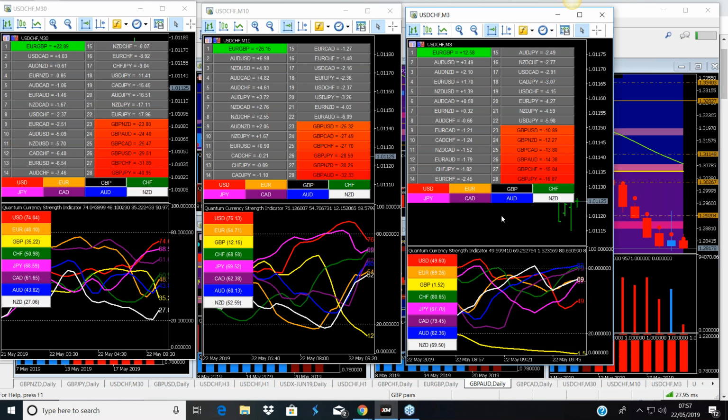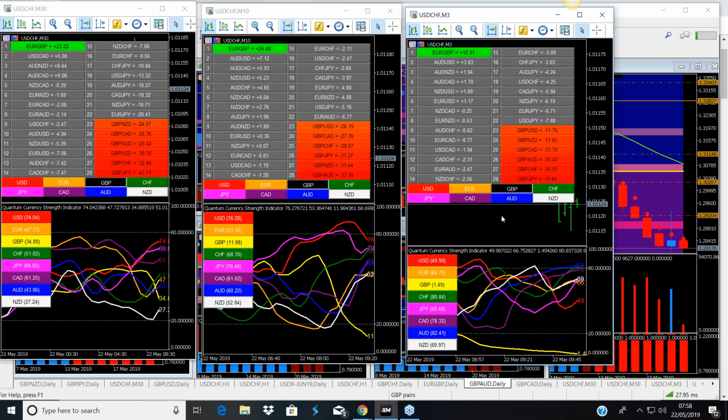But when we look at the daily chart, it has been in a really nice trend down for a little while now. It's also an example of using the beginning of the week, the beginning of the month, to look at the slower time frame charts, see what is perhaps in congestion, see what is perhaps going to move in the days and weeks ahead, and perhaps even go into one of these cross pairs that a lot of traders may not consider, but could offer some really nice trading opportunities.